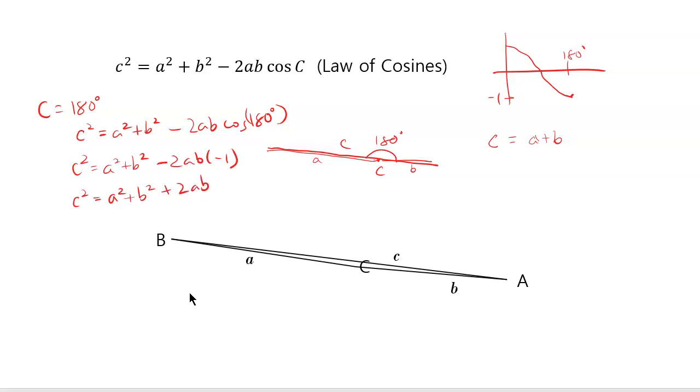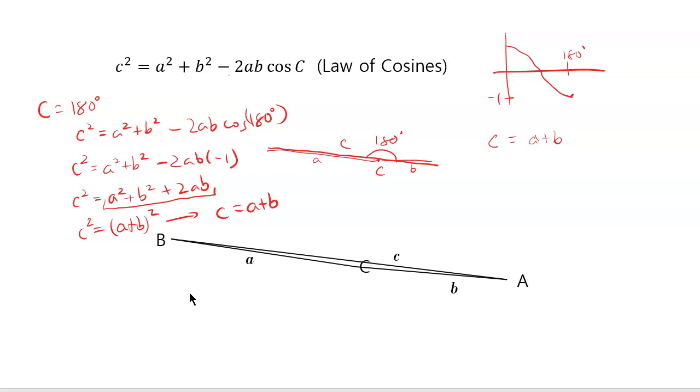It doesn't look like the right side a priori, but then you remember this looks very familiar. You remember that, oh, this is really (a plus b) squared, isn't it? So c squared equals (a plus b) squared, and if you take the square root of both sides, given that c, a and b are all positive, you do get c equals a plus b.